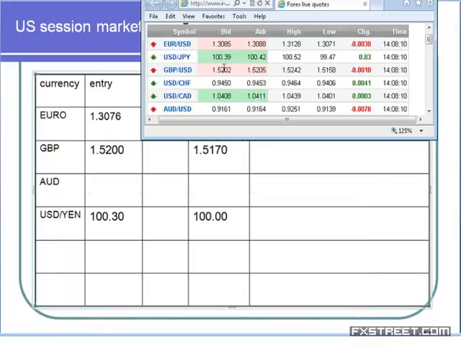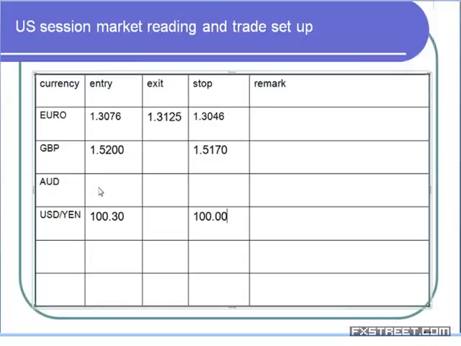Okay. In the meantime, let me explain to you. And Australian dollar, they just dropped about 8 pips, and they came down to 90 pips, and then they are recovering it. So here, we have to watch. They have not yet breached the new low from the start of the US session. So we can take a buy in the case of Australian dollar also.